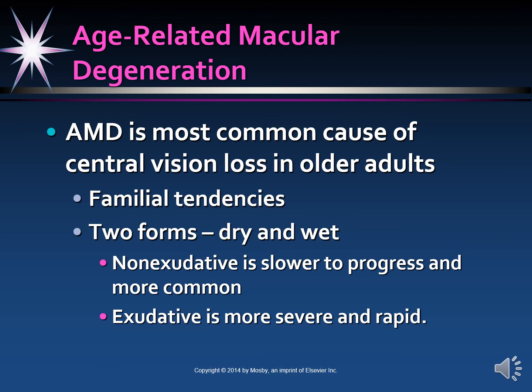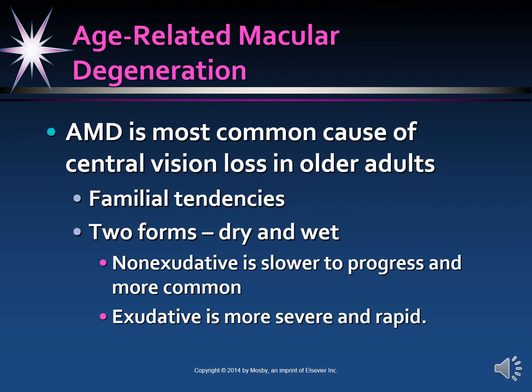Treatment for macular degeneration: nutrition, so vitamin therapy, such as Ocuvite, which has increased vitamin C, vitamin E, zinc, lutein, smoking cessation, monitoring the vision with that Amsler grid that we talked about with assessment.